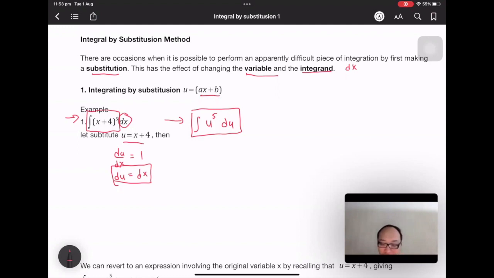So that means we just integrate this using the power rule. So u to the power of 6, 1 over 6, plus c. So in here, we just replace back the u. So 1 over 6, x plus 4 to the power of 6, plus c.